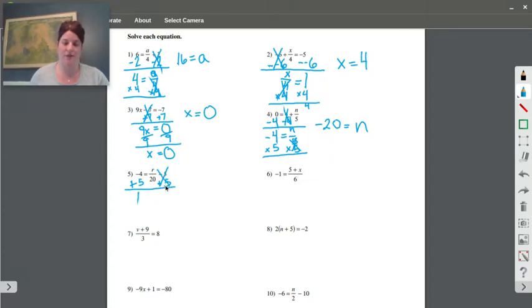R divided by 20 minus 5 plus 5 is just r divided by 20. Now we're going to get rid of this divided by 20 by multiplying by 20 on both sides. And we end up with 1 times 20 is 20, and r divided by 20 times 20 is r. So 20 equals r.